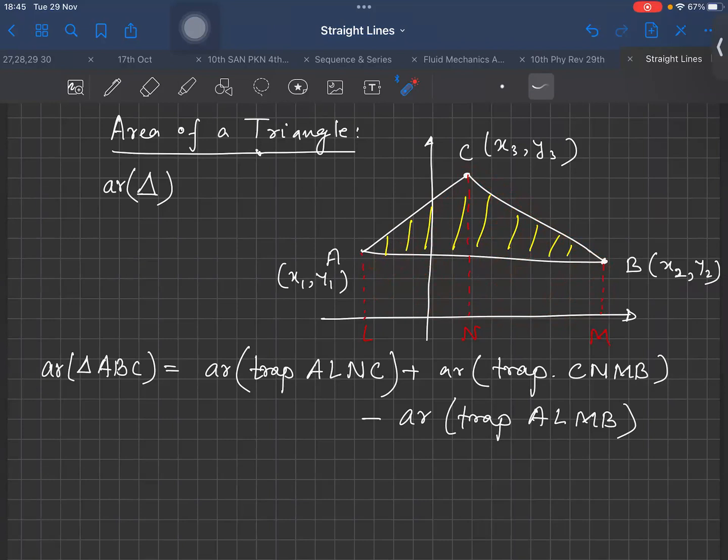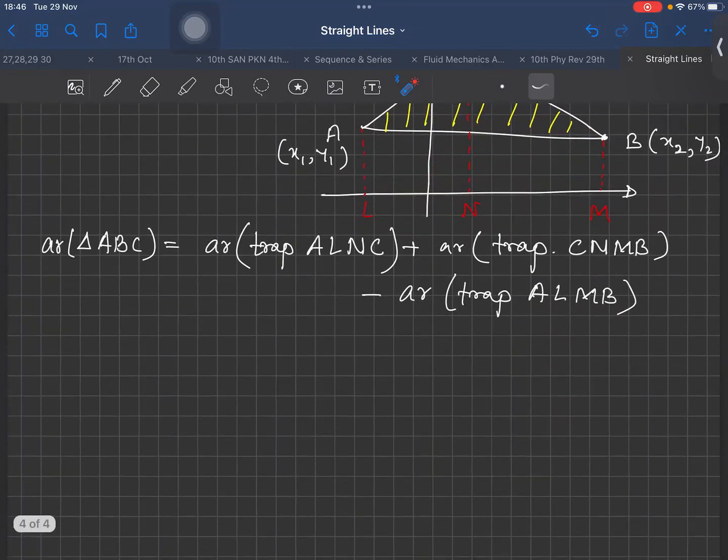Now what you are subtracting is the area of ALMB, this one. This is also a trapezium. Why do we have to subtract? Why can't we just write area of this plus area of this? Because it is easier to find when it is on the x-axis. So we'll add this, and we'll subtract this part. So it will be easier for us to find it.